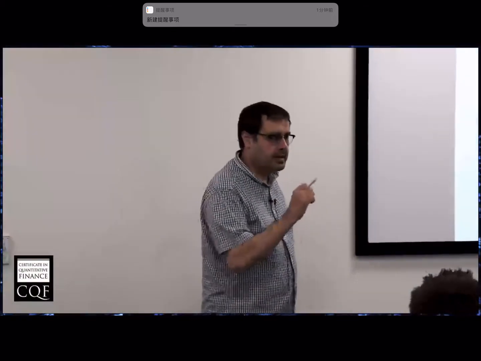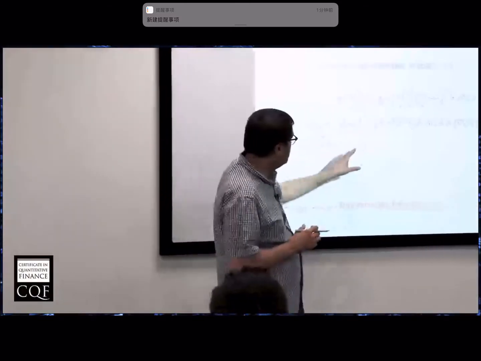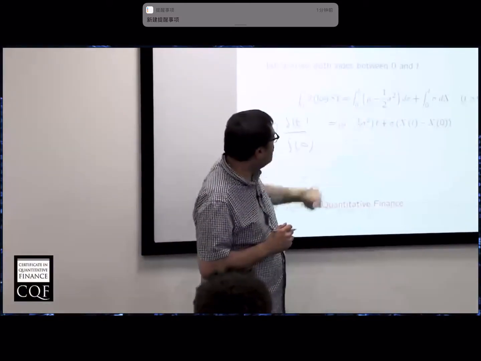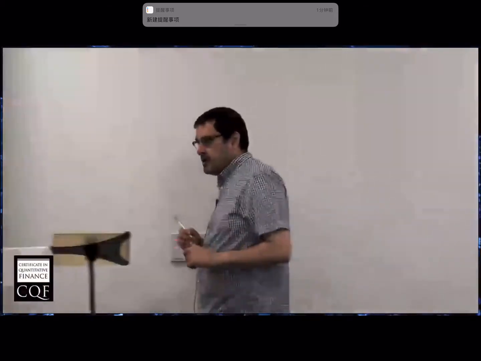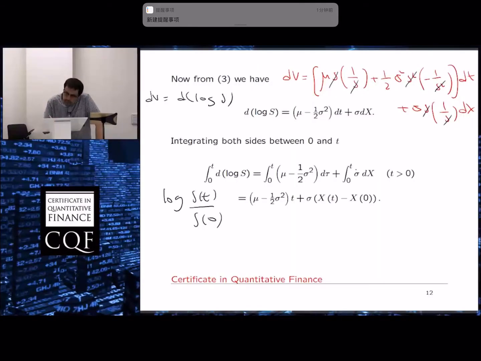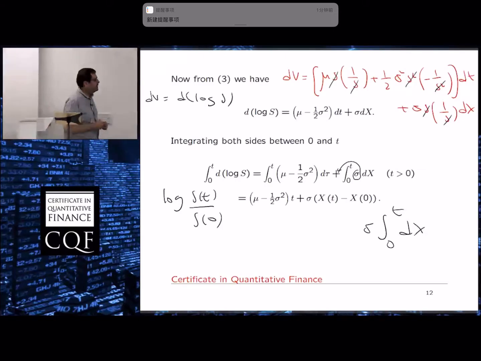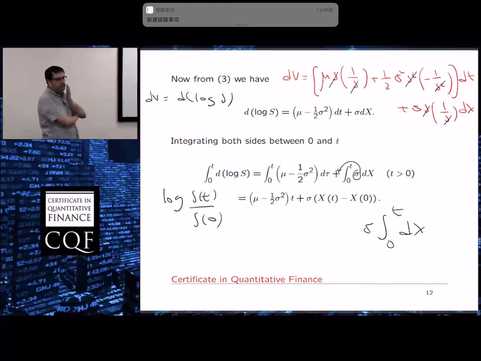So the right-hand side is relatively straightforward because we've got mostly constants. So once that sigma on the right-hand side comes out, this comes out, what we then get is this. That's it. And that's where the expression comes from.